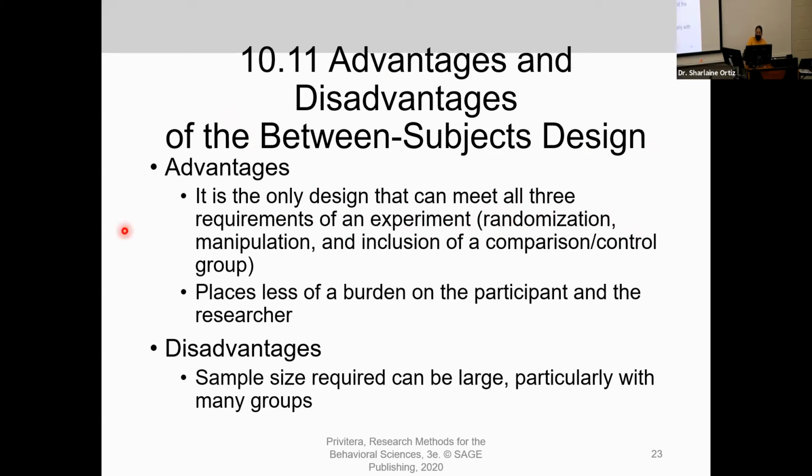It does incur the aspect of manipulation, and it does include both a comparison and control group. This is the only design that will account for the 3 requirements of an experiment. Notice that in this case, much of the aspect of the research falls on the researcher and not necessarily the participant, which is indeed what we're looking for as ideal.